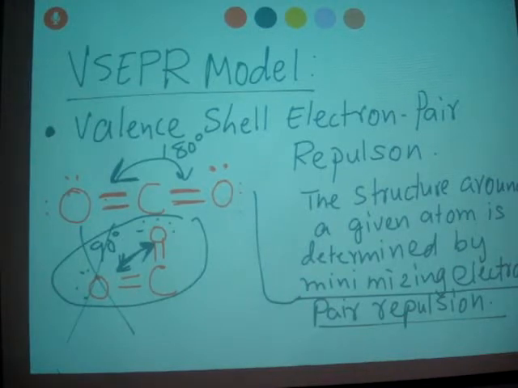So there are steps for electron pair repulsion. But before that, let me tell you about bonding pair electrons and non-bonding pair electrons, and what the repulsion looks like.